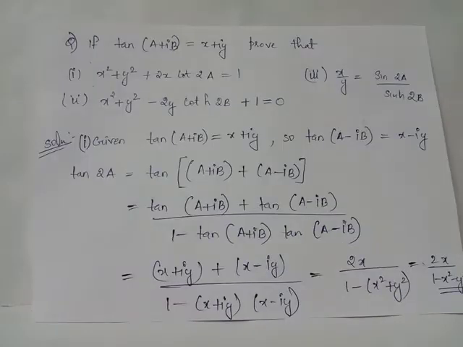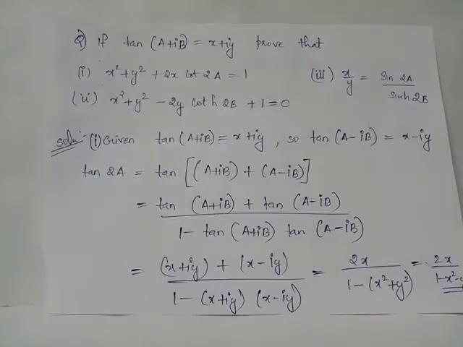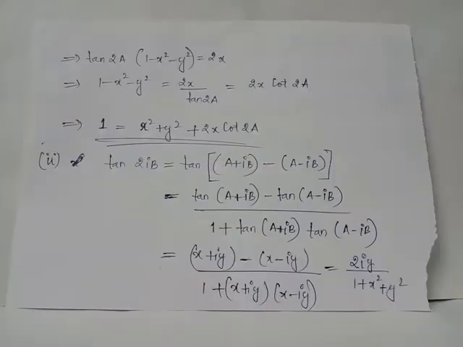Now let us prove the second result, x² + y² − 2y coth 2b + 1 = 0. Since we are looking for a term coth 2b, we will be depending on tan 2ib. We know that tan 2ib can be expressed as tan((a + ib) − (a − ib)).